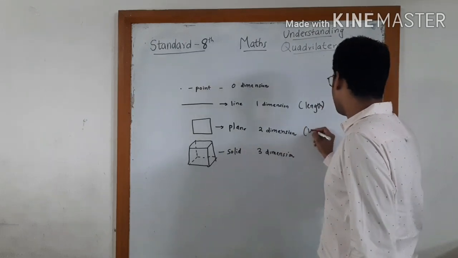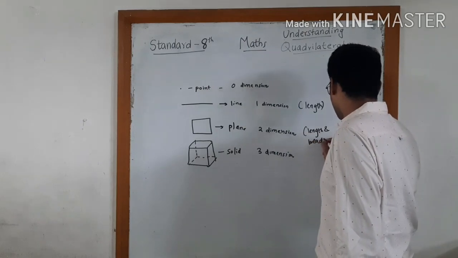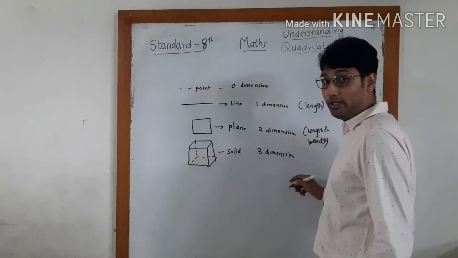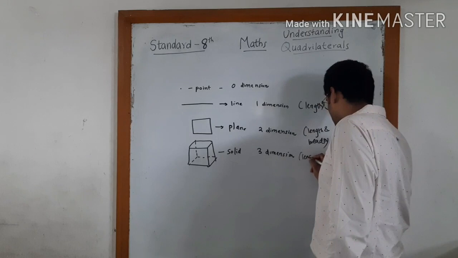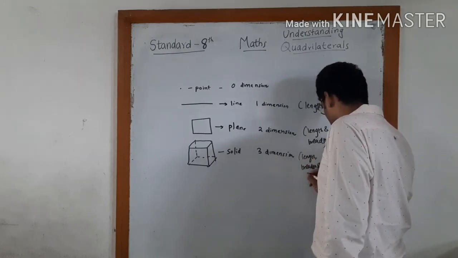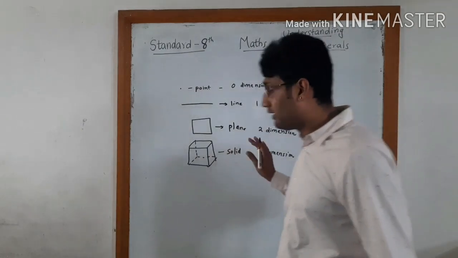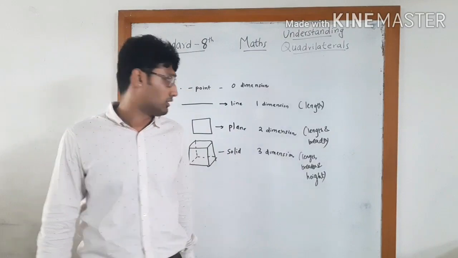A plane has 2 dimensions, length and breadth. And a solid has 3 dimensions, length, breadth and height. And all this you have learned in your previous classes.